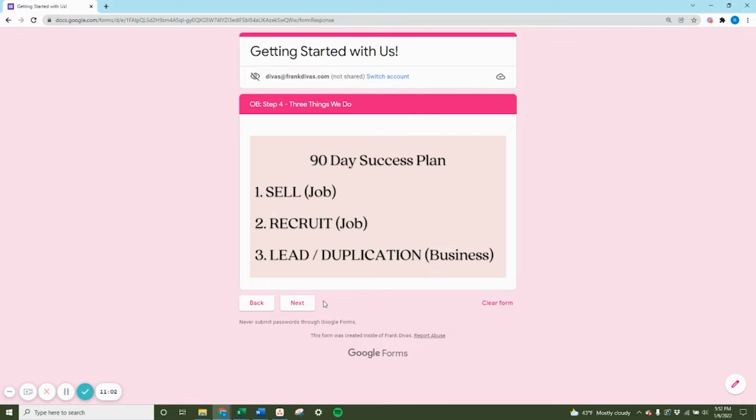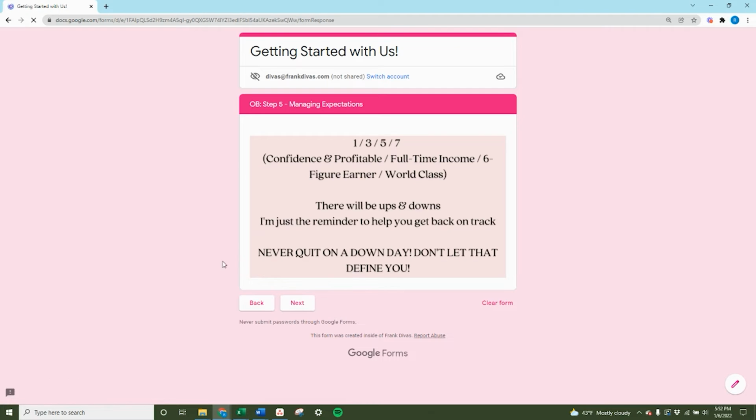If that's something you don't want to do, that's totally fine. But just for your information, if you want to build a team, it is very beneficial, because it can turn into that residual income, which is nice to have extra money on top of just getting that check every single month. Sweet. Sounds awesome. Okay, go to the next screen.